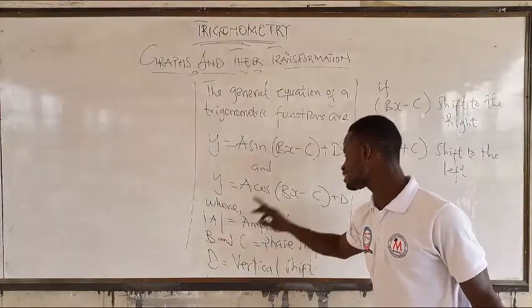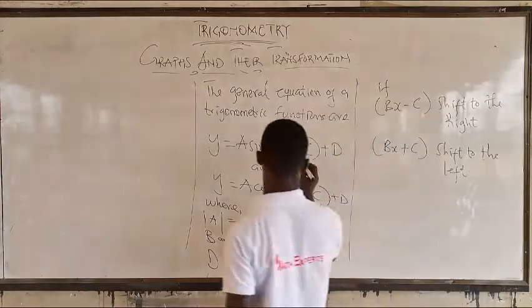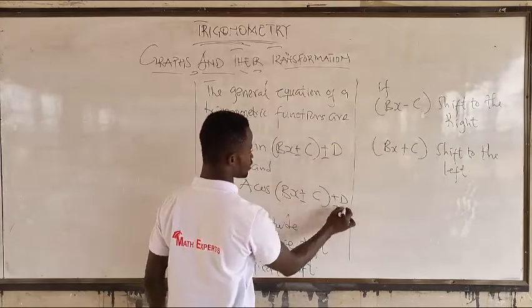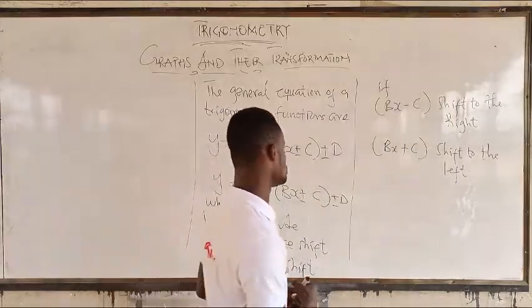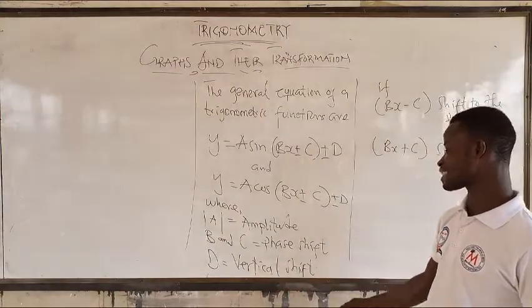And let's look at the d here. Let me make it plus or minus to make it general. Now d here is a vertical shift.